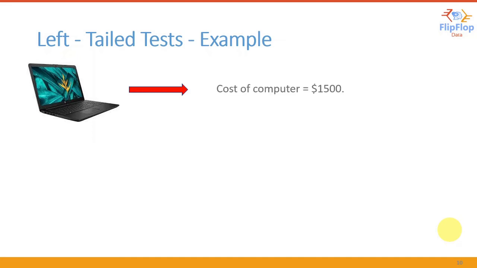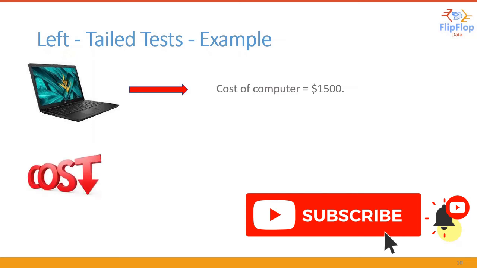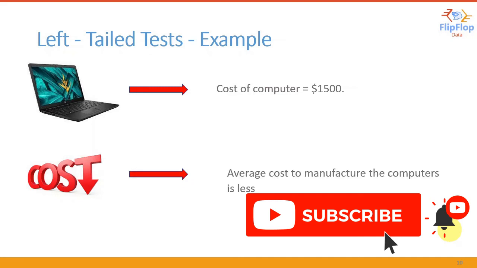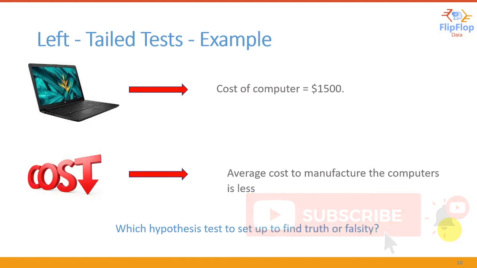However, the company thinks that the average cost to manufacture the computers is actually less, and hence retail cost can be lowered to target more customers and in turn more revenue. So now which kind of hypothesis test needs to be set up to see if this thought is true or false?